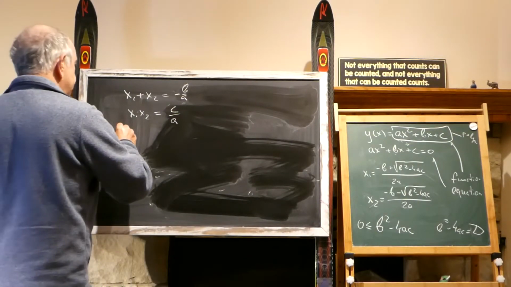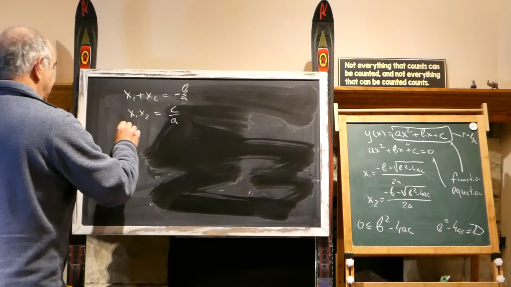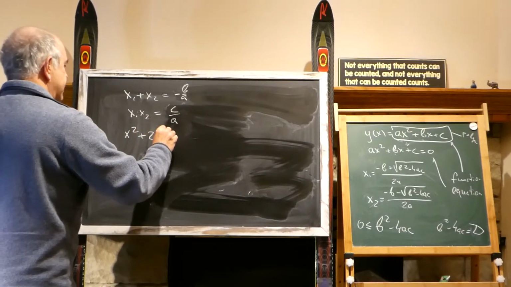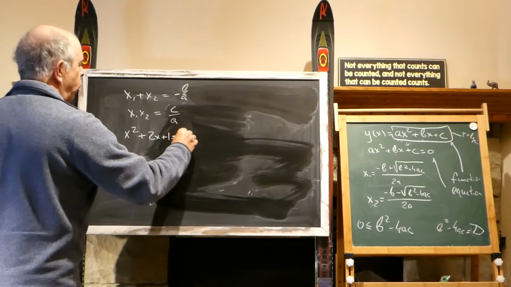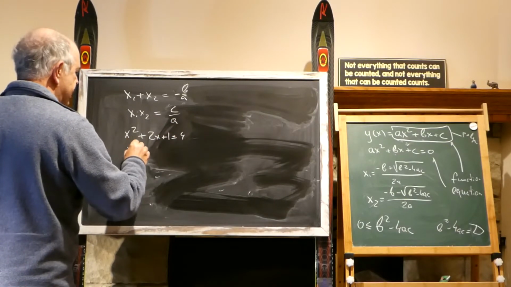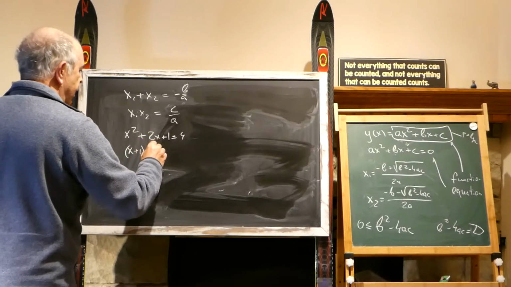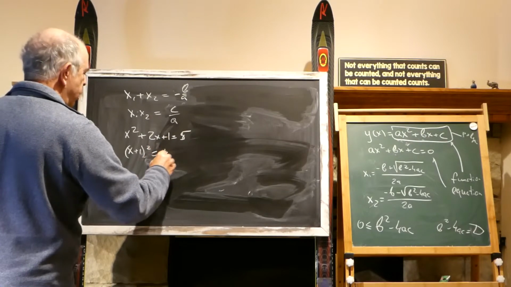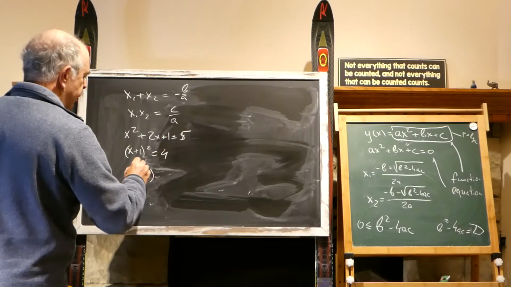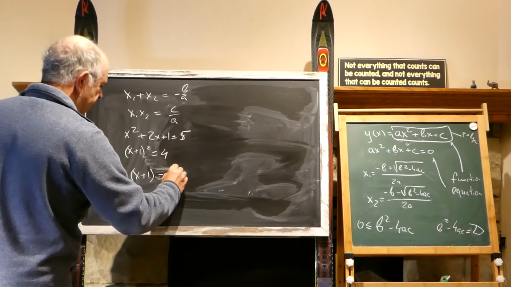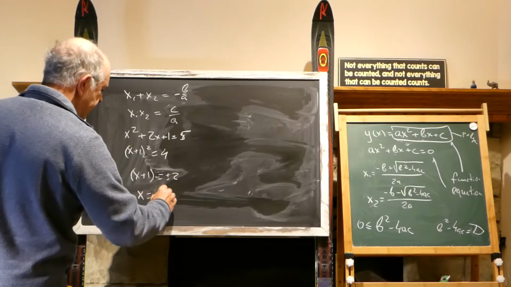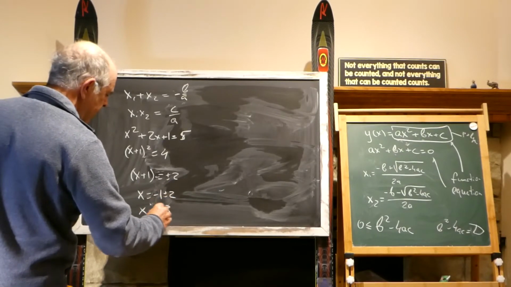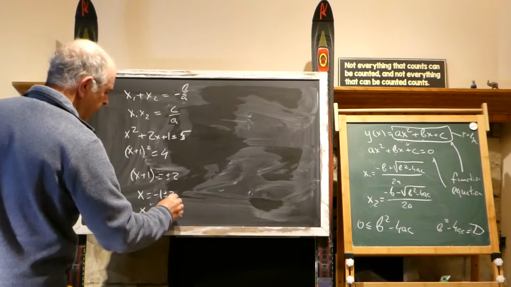Let's, for example, write this: x squared plus 2x plus 1 equal 4. So x plus 1 squared equal 4, x plus 1 equal plus minus 2, x equal minus 1 plus minus 2, x1 equal minus 3, and x2 equal 1.